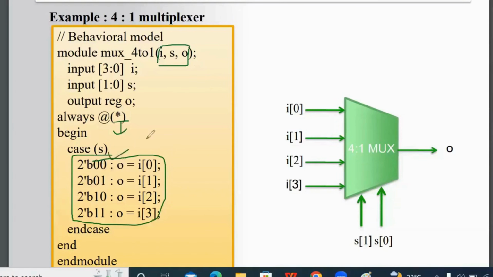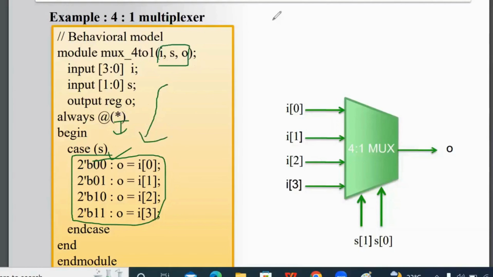Whether you use a case statement or an if-else block, based on the inputs the output will change. Whatever the input change, it has to automatically reflect in the internal functionality. That's why we add the inputs to the sensitivity list.